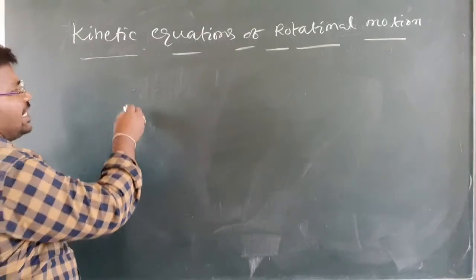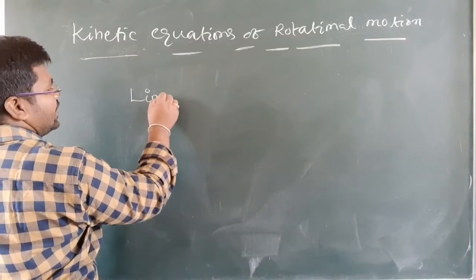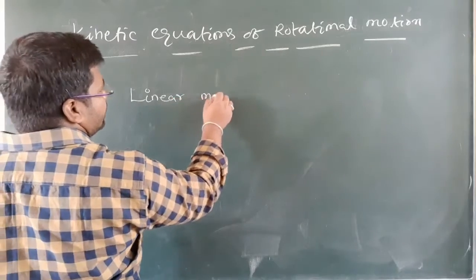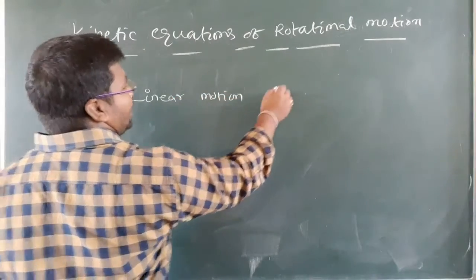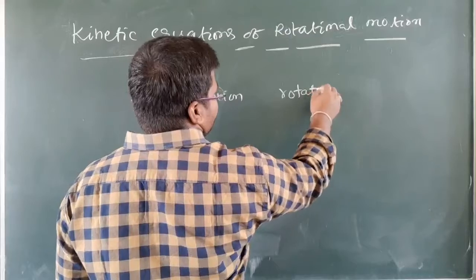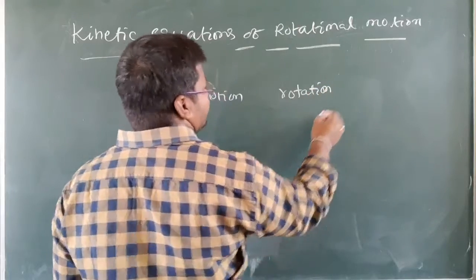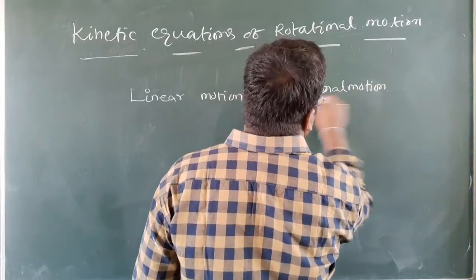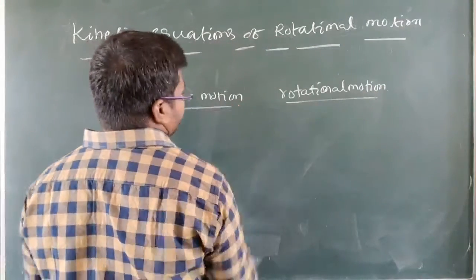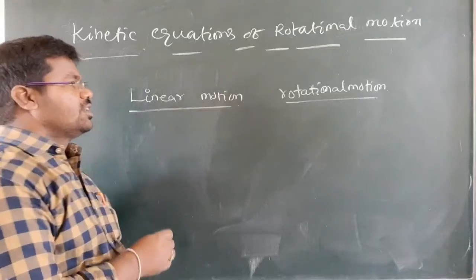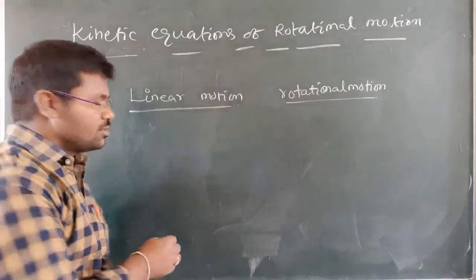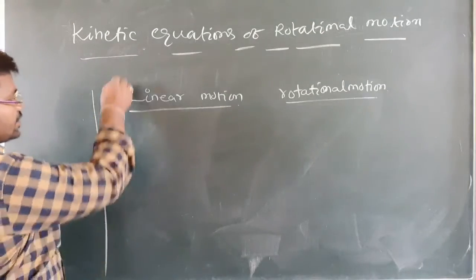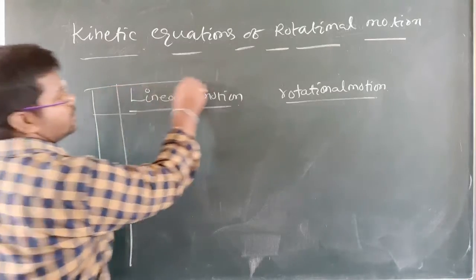Okay, so in linear motion and rotational motion, you can take serial number 1 like that.